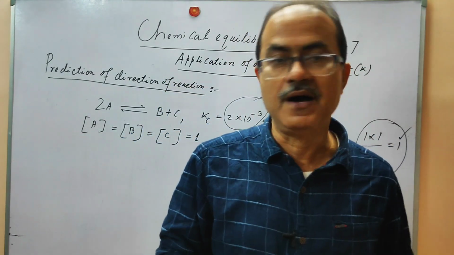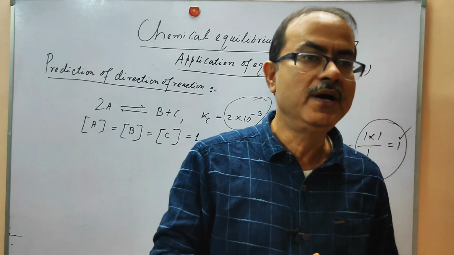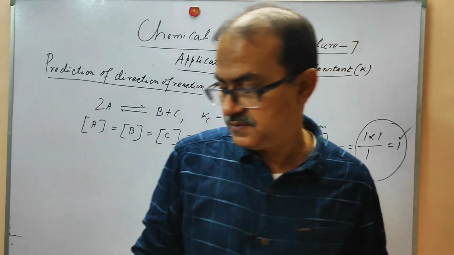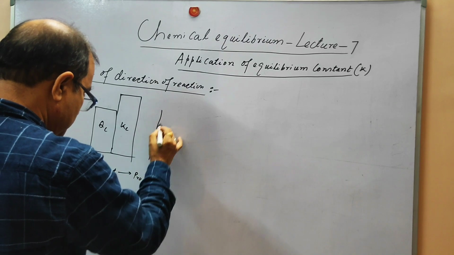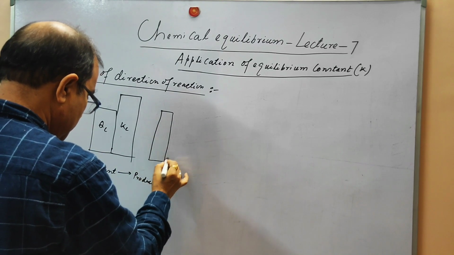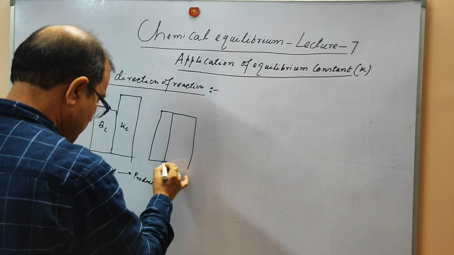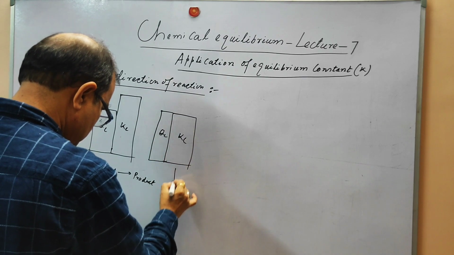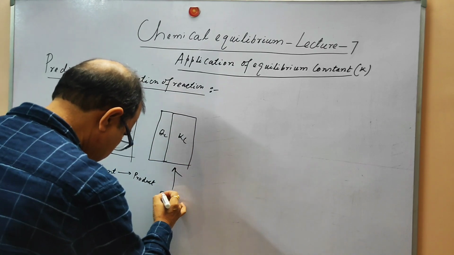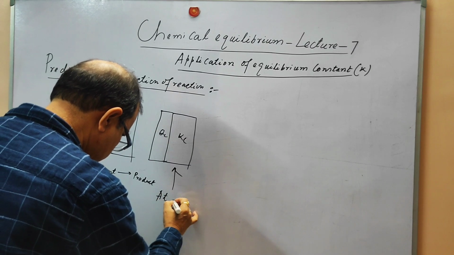So you can make a summary of all the predictions of the directions. When Qc equals Kc, the reaction is at equilibrium.